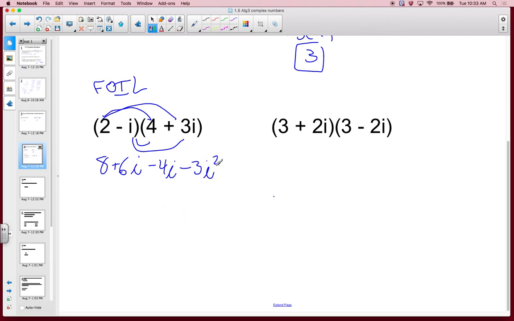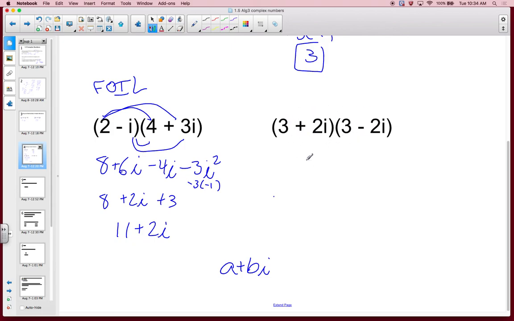Using again that i squared, it's going to keep coming up. We have a 6i minus 4i is a 2i. This is a -3 times a -1 is a +3. 8 plus 3 is an 11 plus 2i. So make sure that you're writing it in the form of a plus bi.